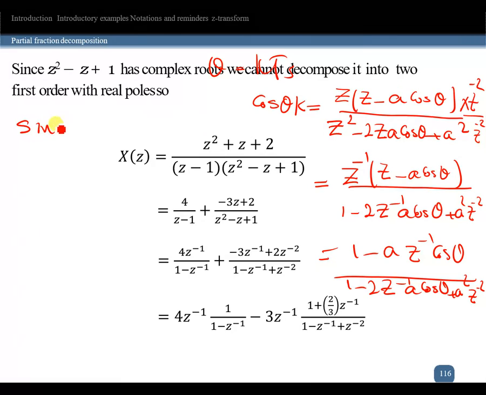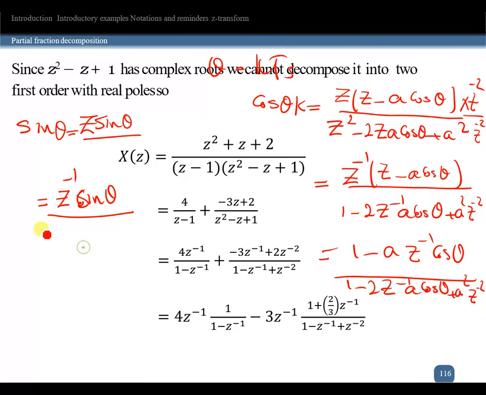Sine θ will be z a sin θ, denominator exactly the same as here, or you can rewrite as z⁻¹ a sin θ, denominator 1 − 2z⁻¹ a cos θ + a² z⁻². This is the two, cosine and sine.